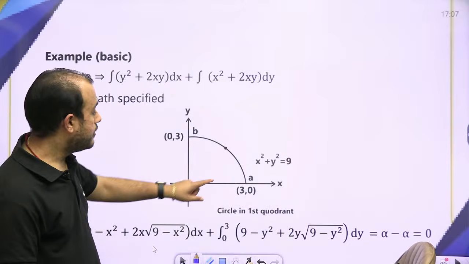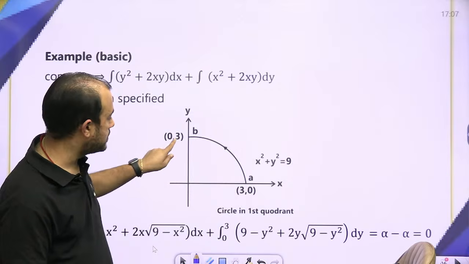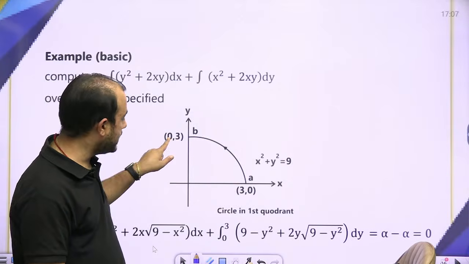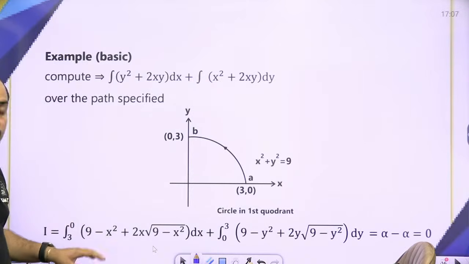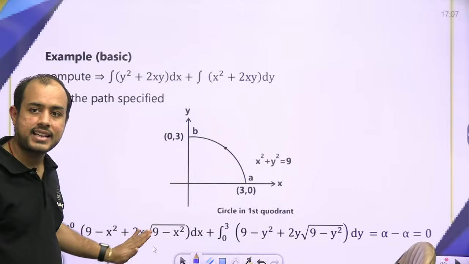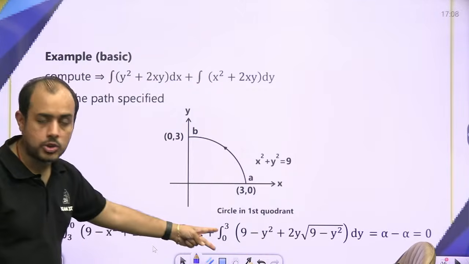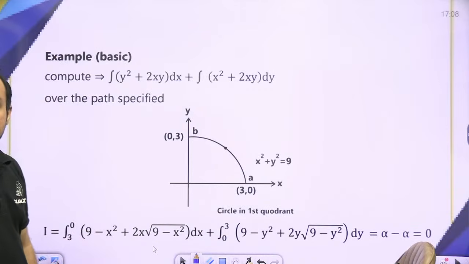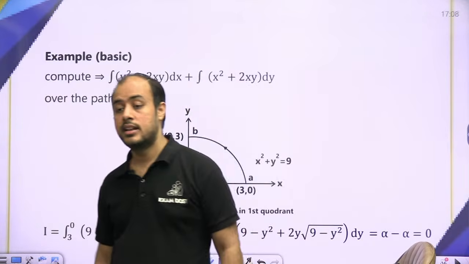Now beta, when you move from A to B, y coordinate goes from 0 to 3, but x coordinate goes from 3 to 0. The x coordinate is going from 3 to 0. Now the integrand is the same. Except for x and y, the function is exactly the same. But the limits of the two integrations are opposite, which means both integrations will cancel each other.